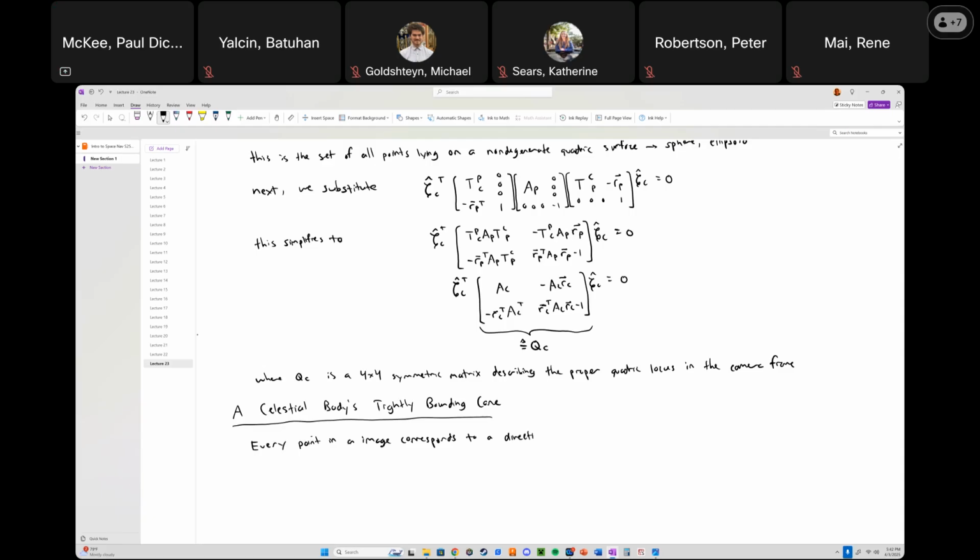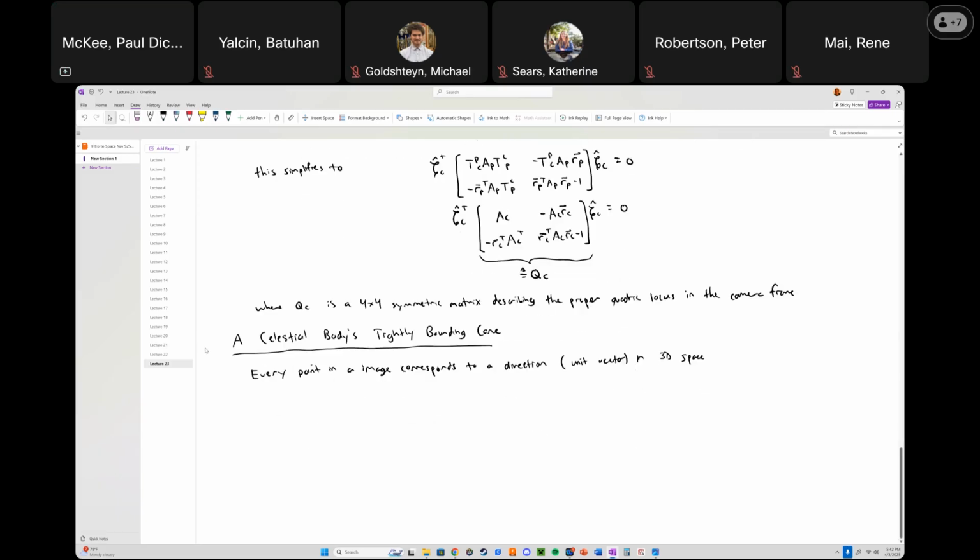And a direction can be expressed as a unit vector. So the horizon points in an image become unit vectors tangent to a triaxial ellipsoid.